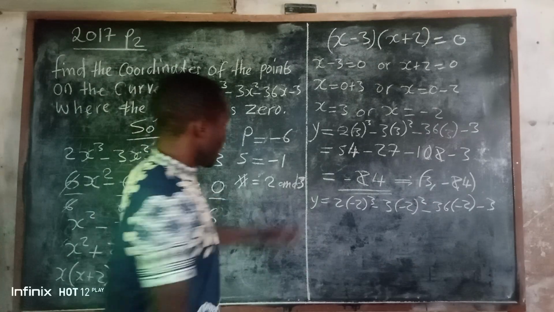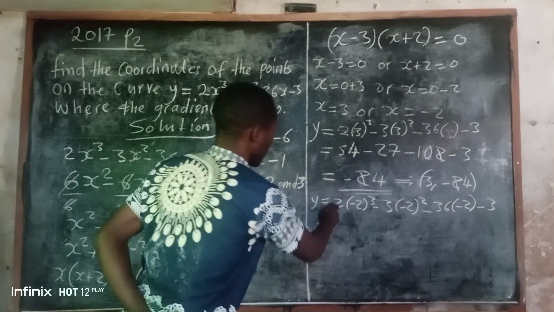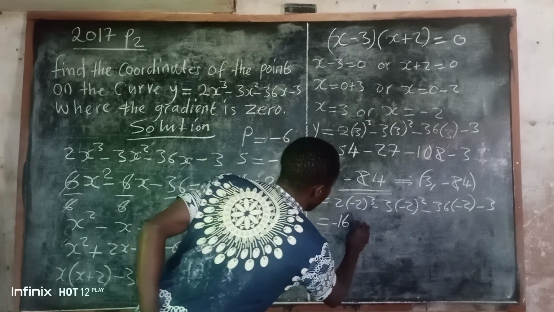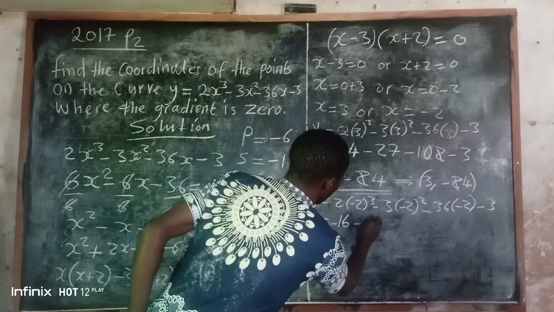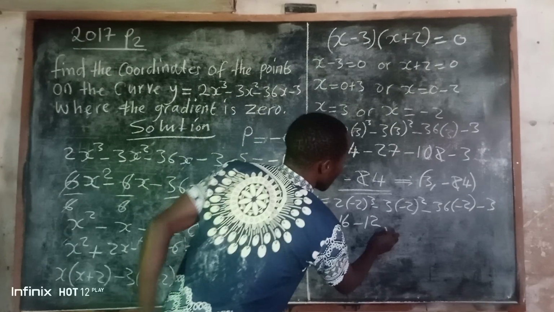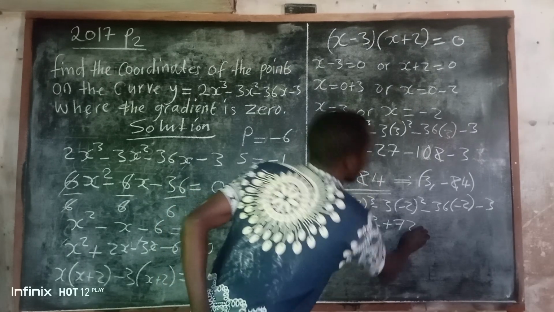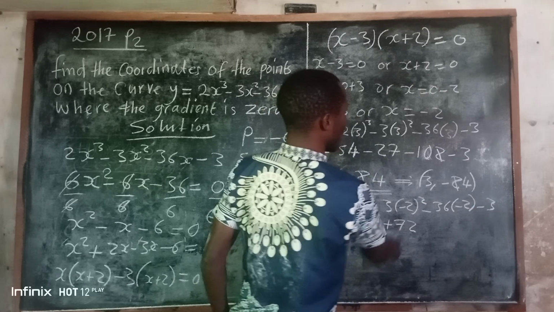Okay? Then here we are saying this is negative 8 times 2, it's negative 16. Then we have 3 times 4, negative 12. Then plus 72, positive, because negative 36 times negative 2 is positive 72.